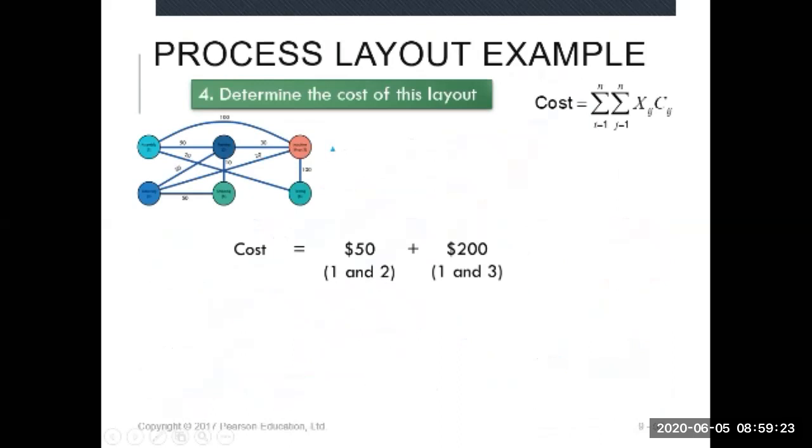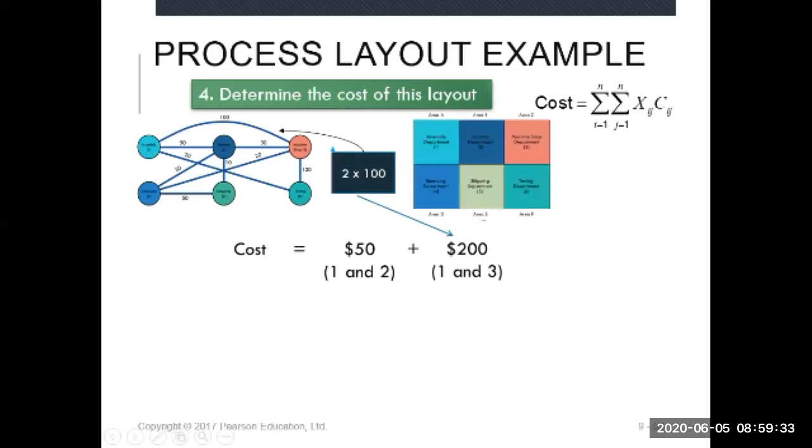Why is it 200? It's only 100. Remember this layout: from the assembly department to the machine shop department, 1, 2, 3, you have to go through another department. So 100 times 2, 200.